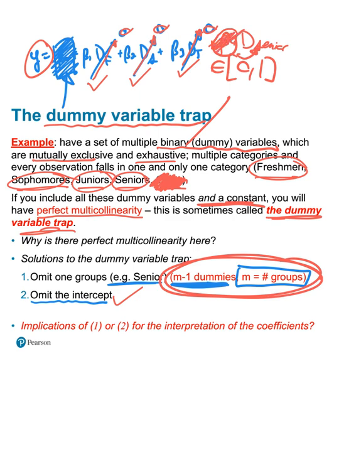All right, so let's drop this right now. Let's say we still actually have the intercept. So what are the implications then of option 1, omitting one group, or option 2, omitting the intercept, for the interpretation of the coefficients?